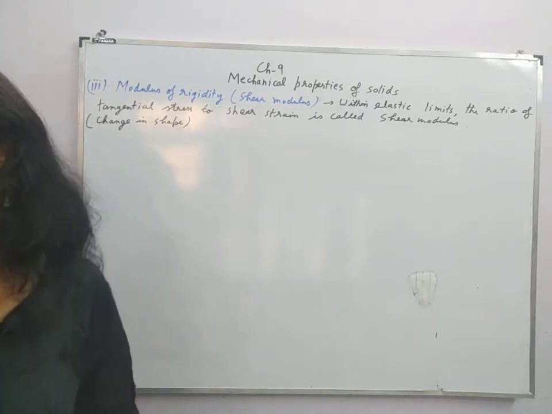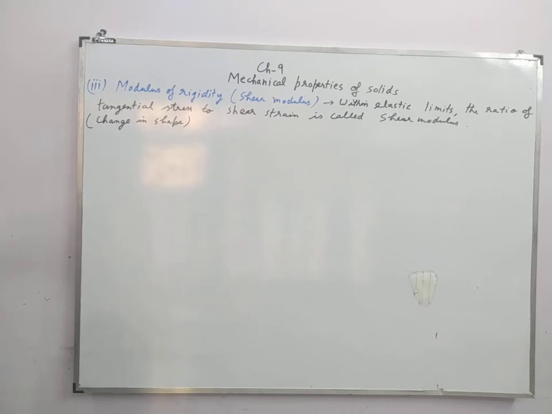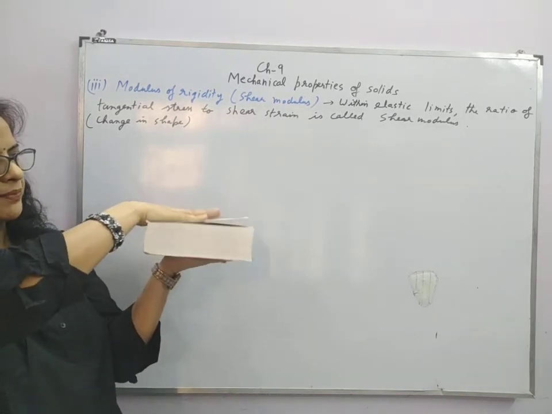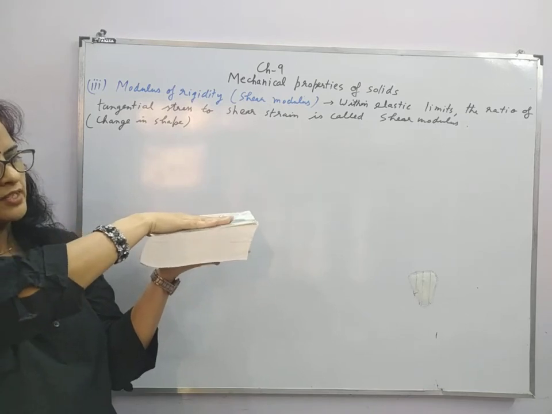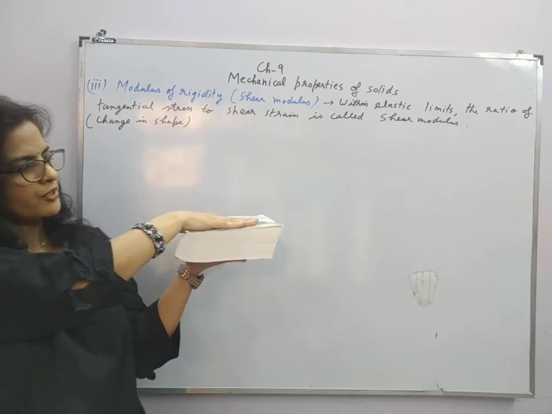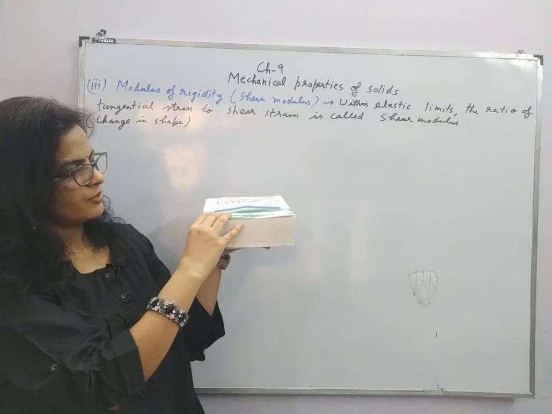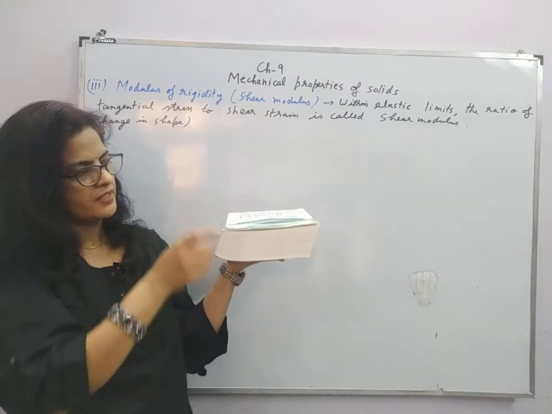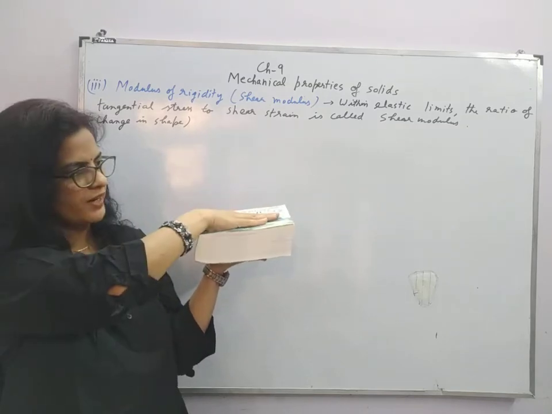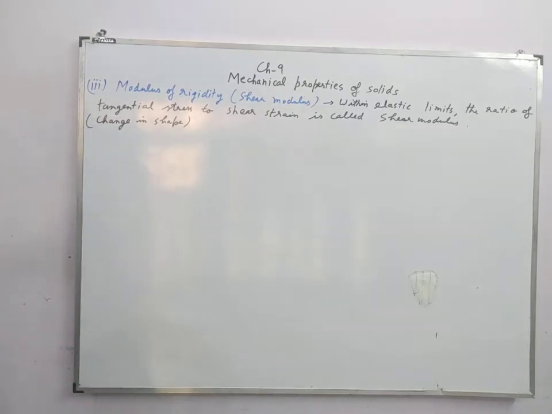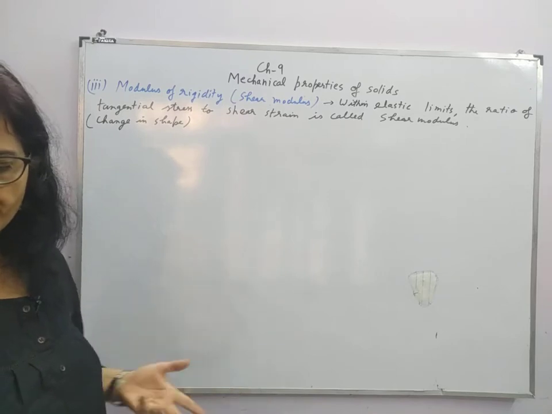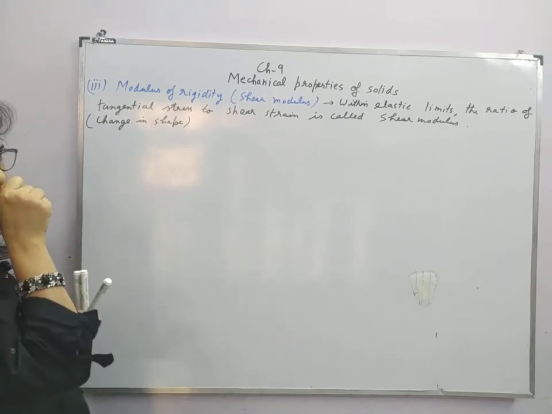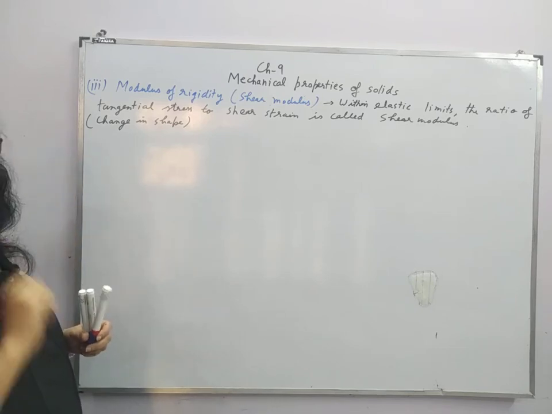So if we talk about this case, if this body is fixed at the base and I am applying a tangential force like this, so what is happening, just observe. Initially the body was vertical, and when tangential force is applied, this has deformed a little bit, right? So this force is tangential, so if it is applied on the upper face, then this is a tangential force per unit area.